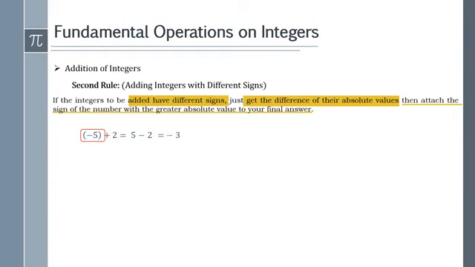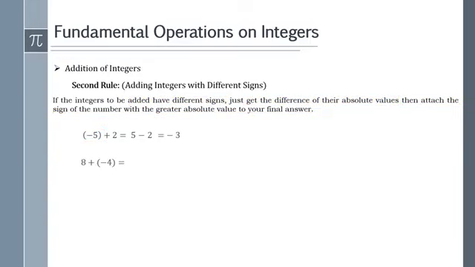So it becomes negative 3. Okay? That is what it means to attach the sign of the number with the greater absolute value. So who is the greater? 5. So what is the sign of 5? Negative. So we now attach that to our final answer of 3. Okay?